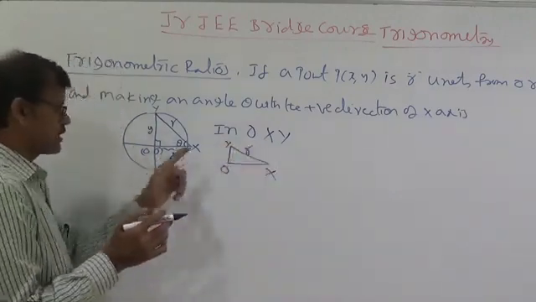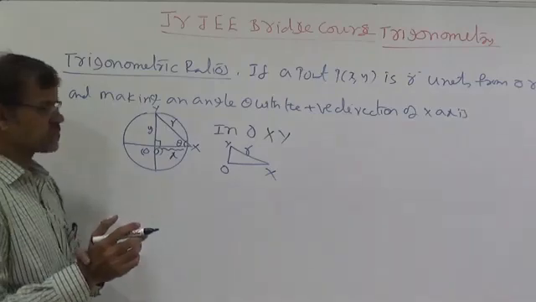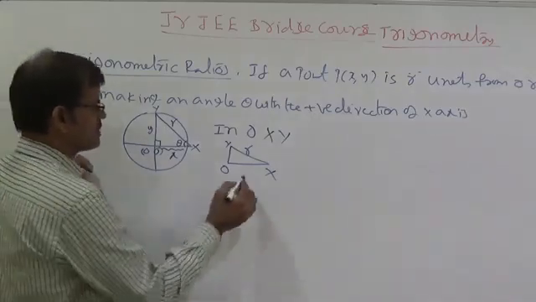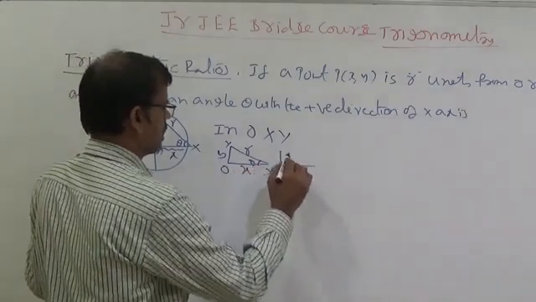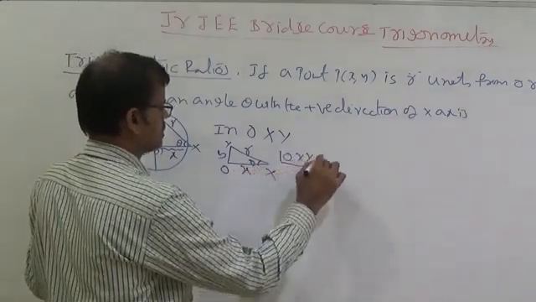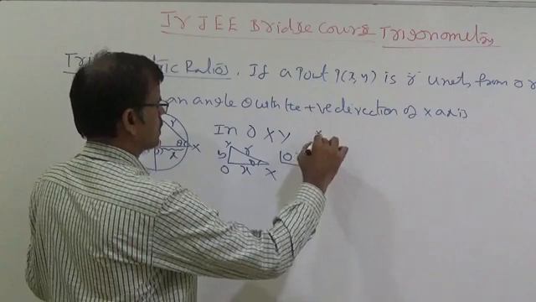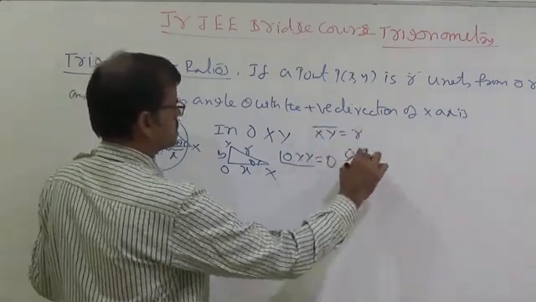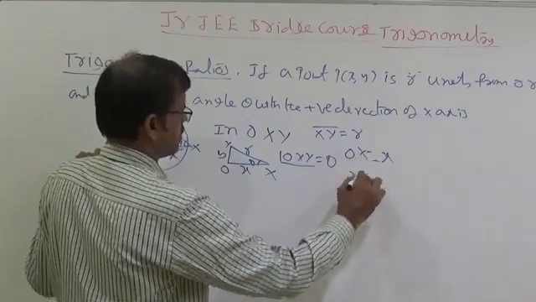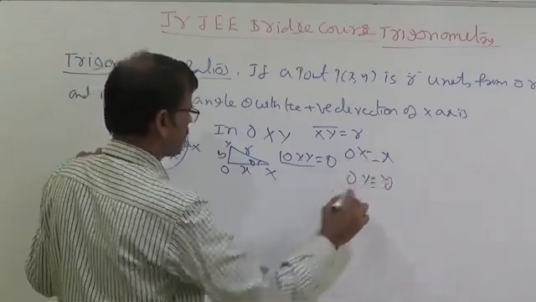Simply r is, according to the right angle triangle, root of x square plus y square, and if this is small x and this is small y and this is theta, angle OXY is equal to theta, XY is equal to r, OX is equal to small x, and OY is equal to small y.